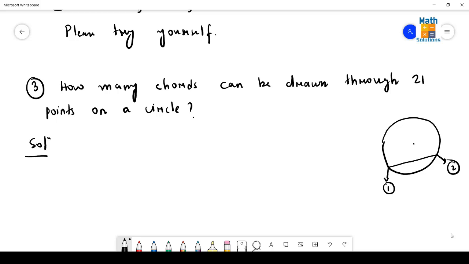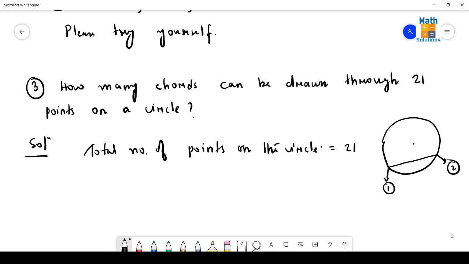So here I get total number of points on the circle. Total number of points on the circle is equal to 21.